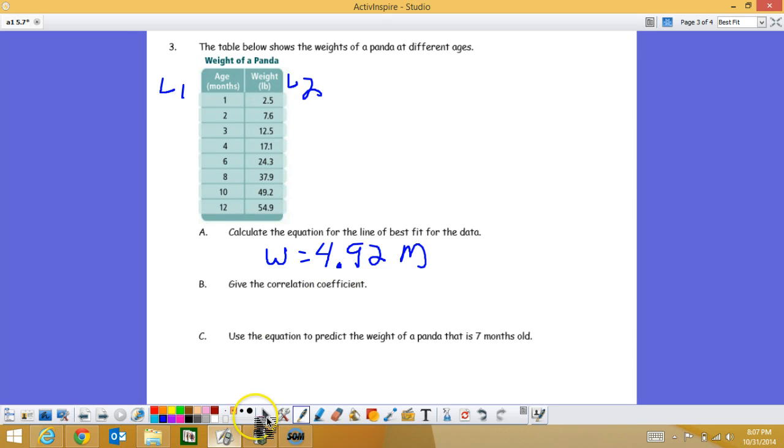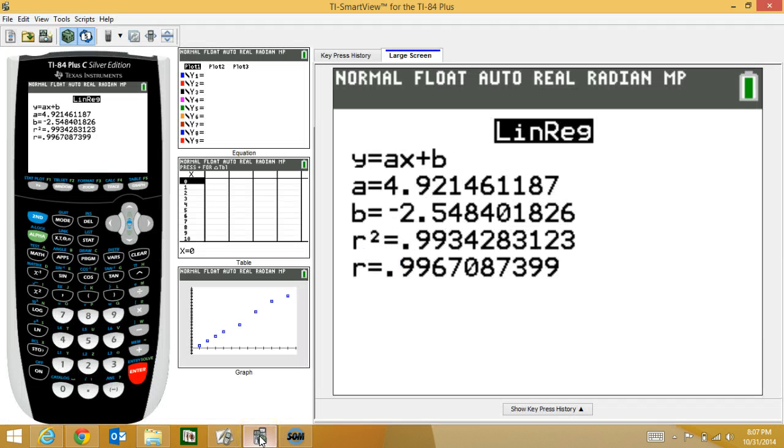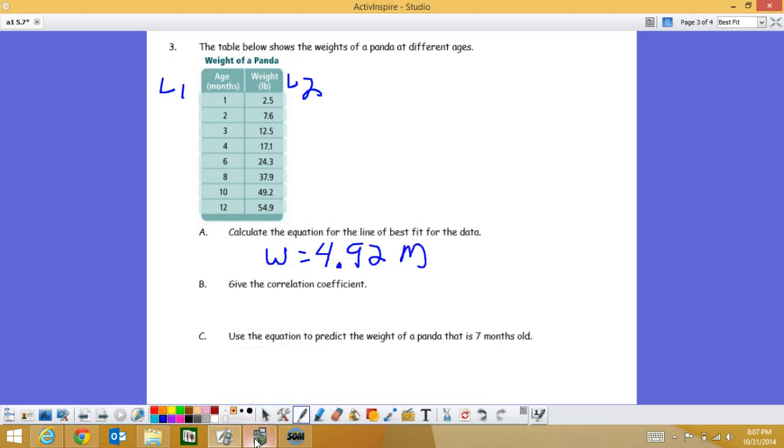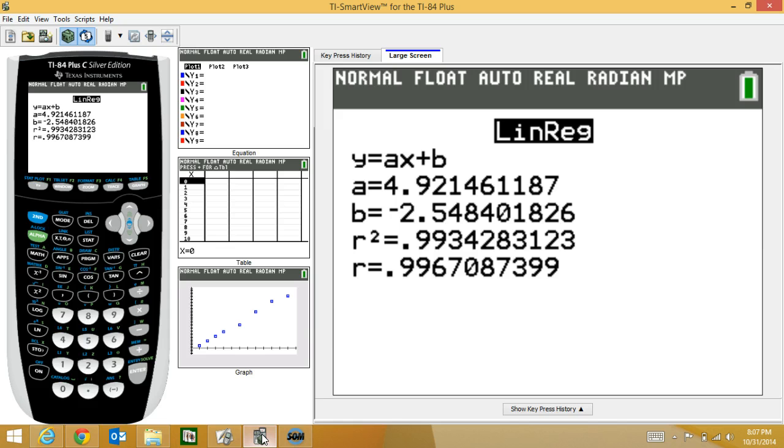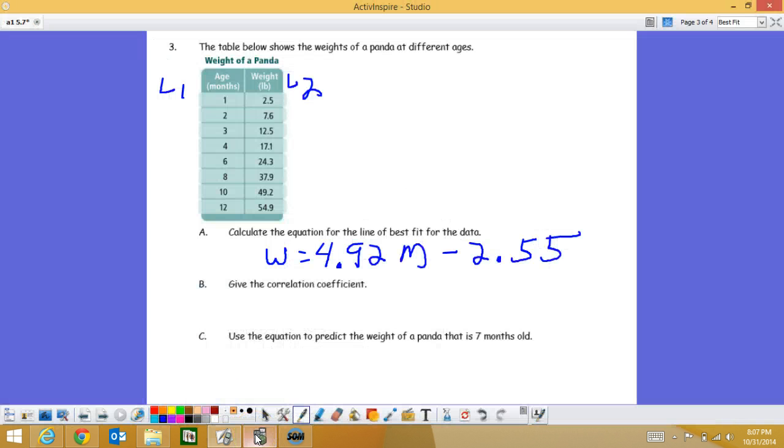And going back to the calculator, the y-intercept is negative 2.55, so we're going to have minus 2.55. And the value of the correlation coefficient is 0.997 if we round to the third decimal place. I hate it when I'm right, but I was right. So r is about 0.997, which tells us it's a pretty strong linear correlation.